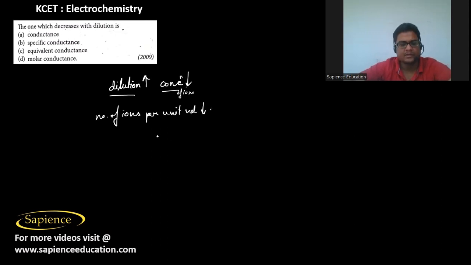So when dilution increases, the concentration of the ions decreases. It means the number of ions per unit volume decreases, and so the specific conductance will decrease. So option B is the correct answer.